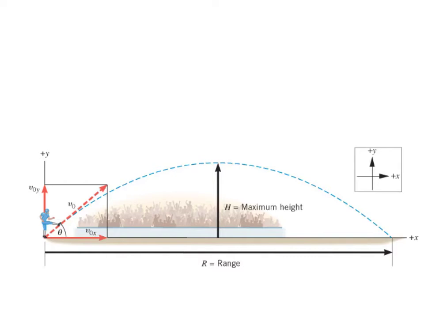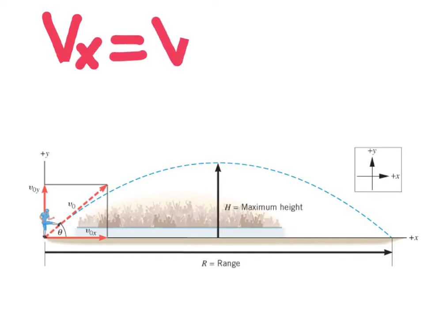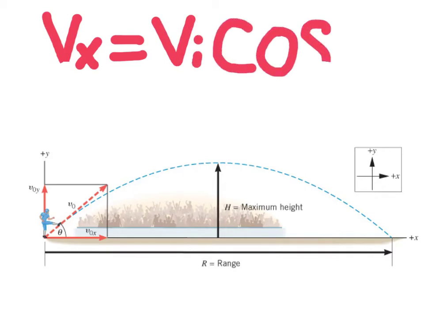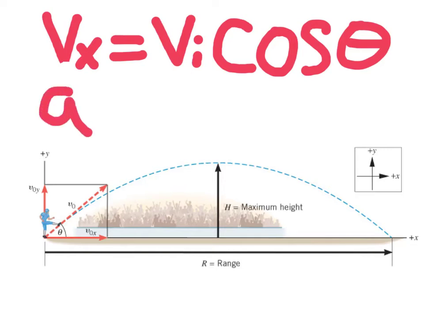Alright, so let's start with motion in just the x direction. So the initial velocity in the x direction is just equal to the initial velocity times the cosine of the angle. Acceleration in the x direction equals, what's that?